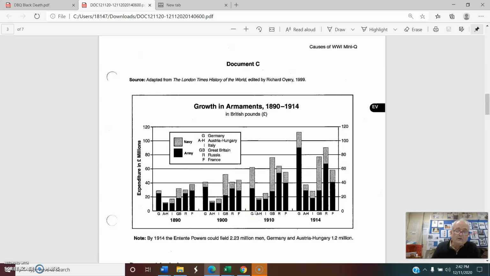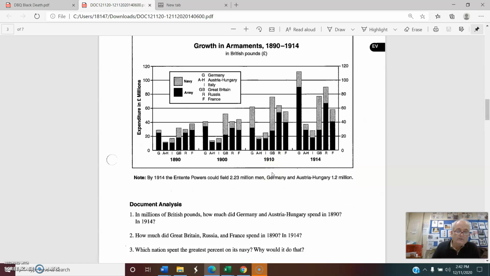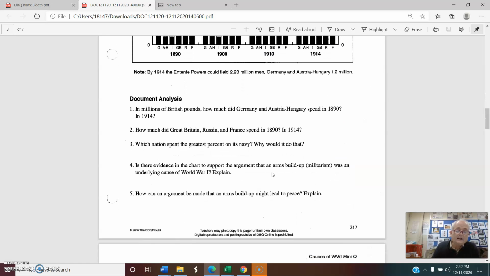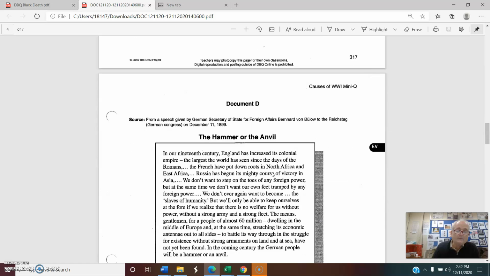So we have to look at the idea of military spending, and you can see, generally speaking, that military spending is going right up. And you can see here that Germany's military spending particularly has gone to the point where it is twice as big as some of the other countries in Europe. Almost twice as big as France. So again, you have some analysis questions in document C.